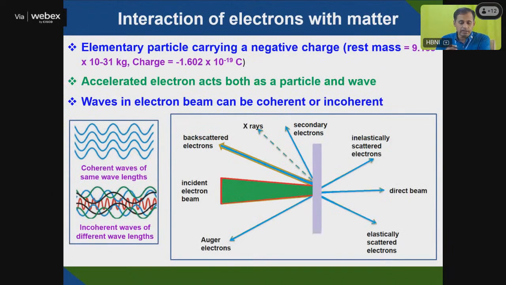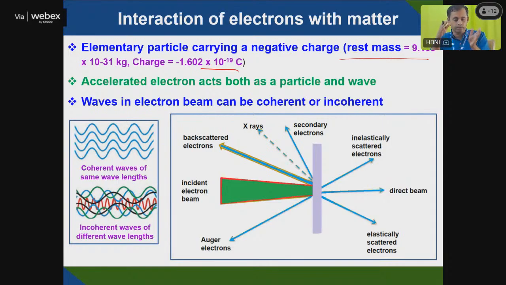The electron is an elementary particle carrying negative charge. The rest mass of the electron is 9.1 times 10 to the minus 31 kg, and the charge is about 1.6 times 10 to the minus 19 coulomb. The electron is first generated by thermionic emission or field emission, and from there it goes through different magnetic lenses in a scanning electron microscope or transmission electron microscope.